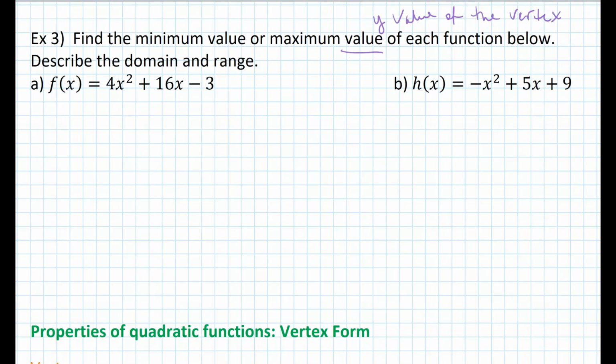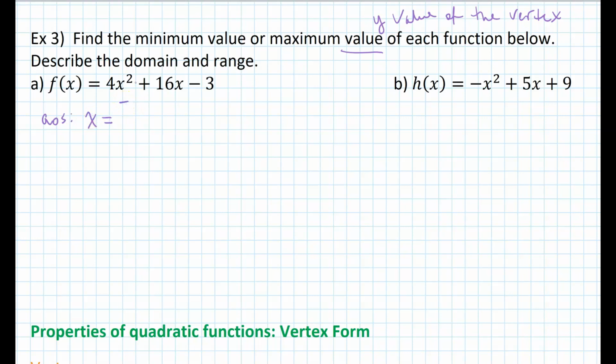Alrighty. So if we're given the equation in standard form, and we need to find the y value of the vertex, what are we going to have to find first? We have to find the axis of symmetry first, because we know that the vertex occurs on the axis of symmetry. We said for the axis of symmetry, x is equal to negative b over 2a.